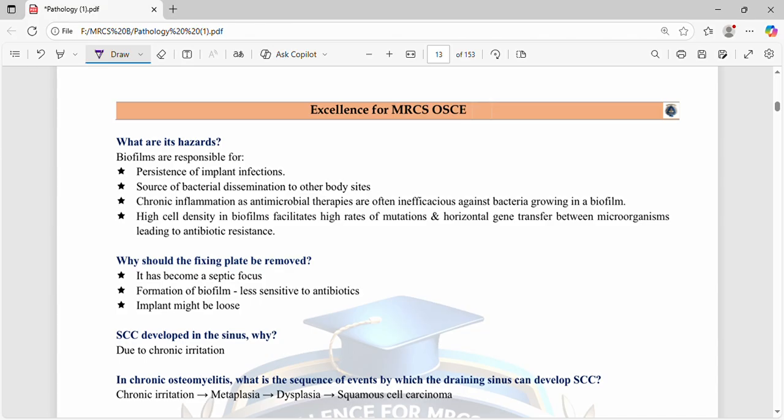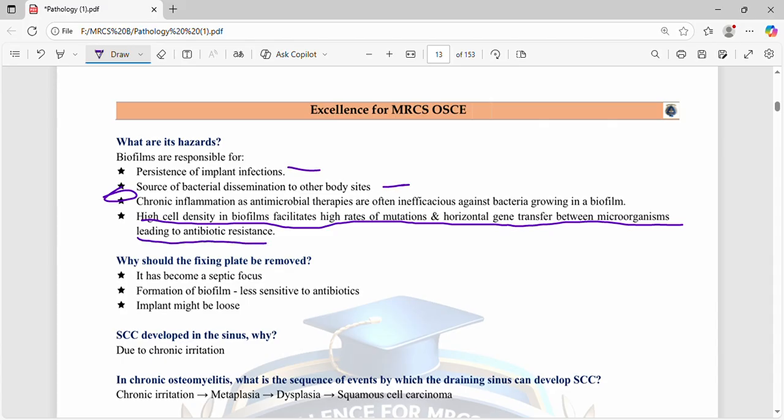It is a source of bacterial dissemination to other body sites and chronic inflammation, as antimicrobial therapy is often inefficacious against bacteria growing in a biofilm. High cell density in biofilm facilitates high rates of mutations and horizontal gene transfer between microorganisms, leading to antibiotic resistance.